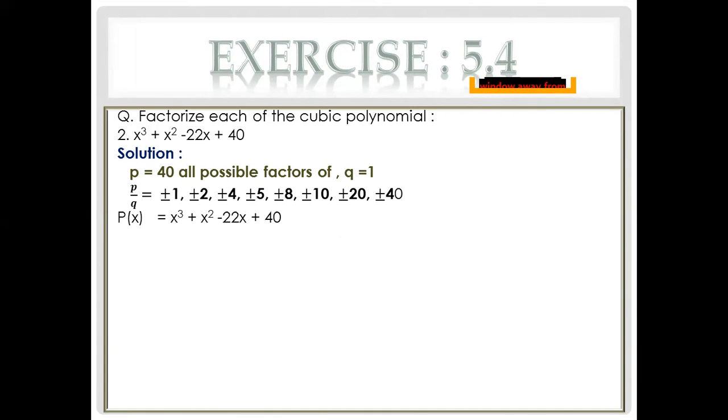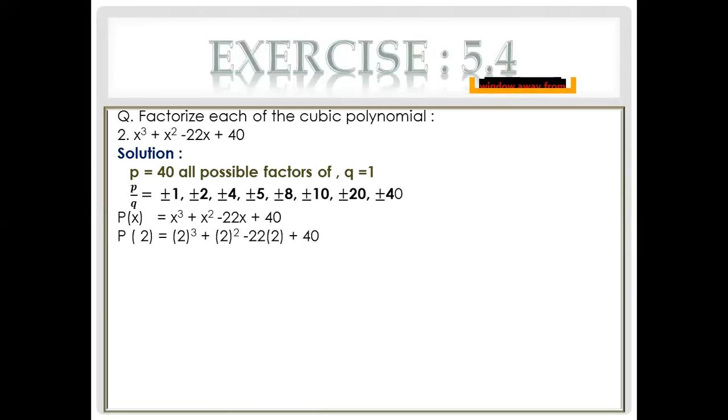Here one by one we put the values in the polynomial: 1, 2, 4, 5, 8, 10, all the values one by one. You will find only three numbers from all these factors that satisfy the given polynomial, and those numbers will be the factors of our required polynomial.